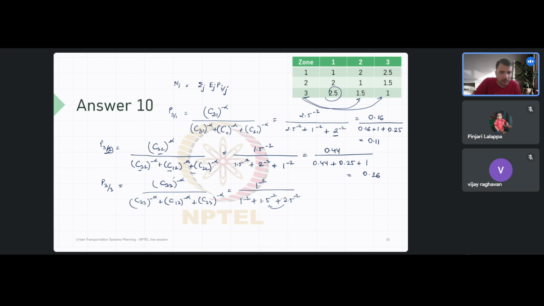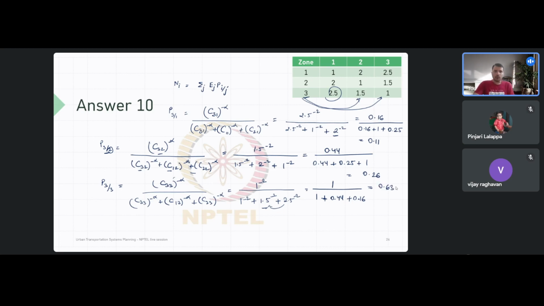The order is changed here, but it won't matter. So 1.5 power minus 2 is 0.44, we found it here, and 2.5 power minus 2 is 0.16. We should be aware while doing calculations so that we don't have to do these things again. We found 1.5 power minus 2 before, so we can directly put it here. This reduces the time taken in the calculation. So 1 by 1.6 is coming out at around 0.63 when rounded off.